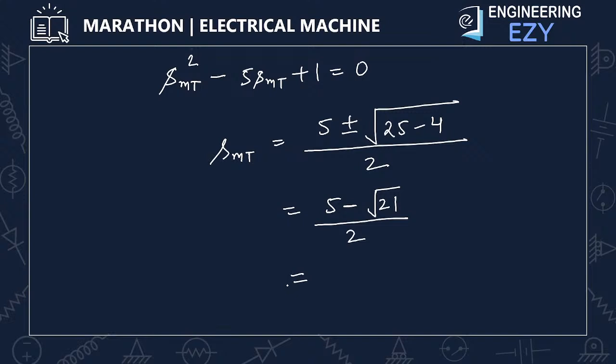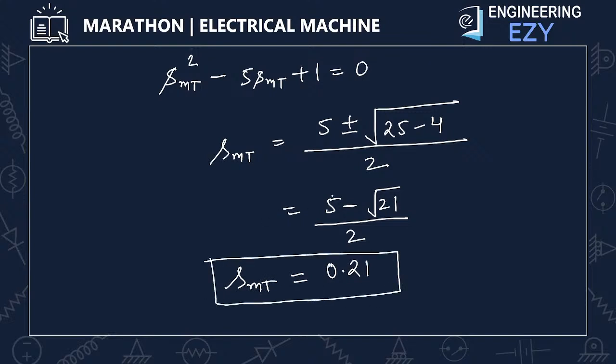According to me, it is coming 0.2, 0.28 or 0.21. According to me, Smt is coming 0.21. Yes, 0.21 is the correct answer.